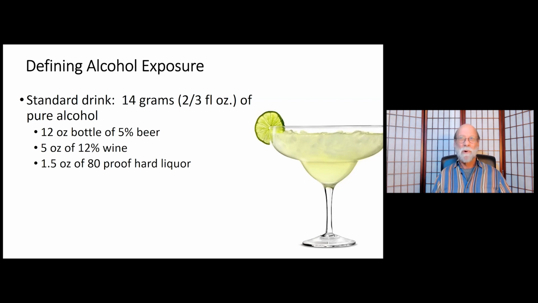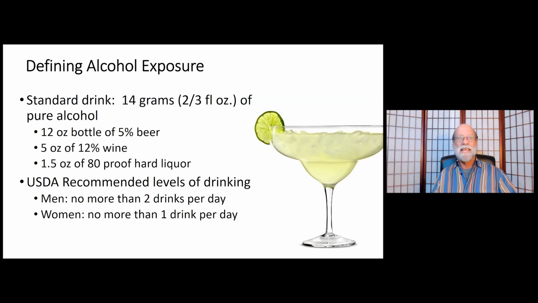Now, one of the important things is that often when we consume alcohol, we're drinking far more than a standard drink when it comes to how we drink. So for instance, if we think about IPA, a beer-like beverage which often has more alcohol in it, a single bottle is well more than a single standard drink.